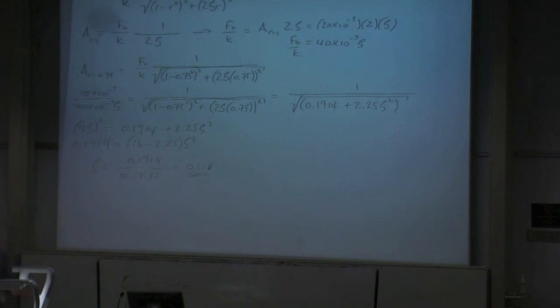It's when omega is 0, and R is 0. So we plug them in, and do some manipulation and calculations, and you end up going through the motions to find that zeta is 0.118. So it's an underdamped system.